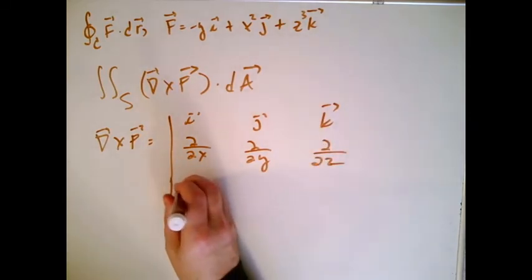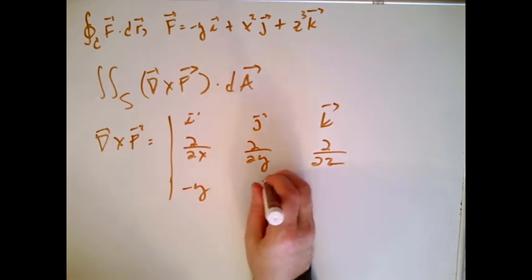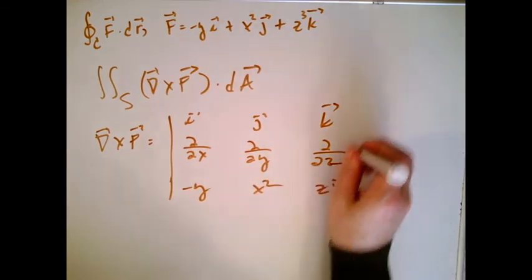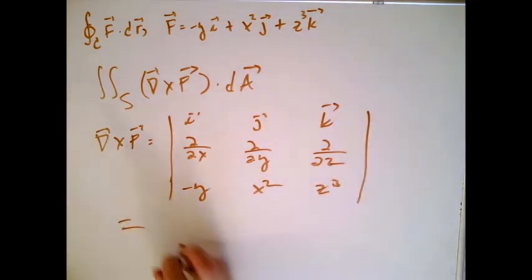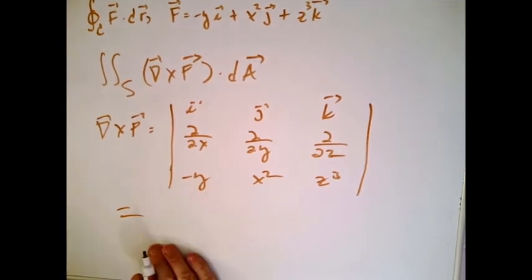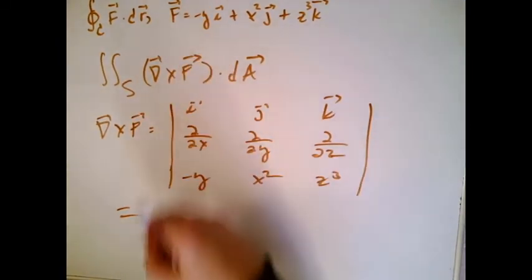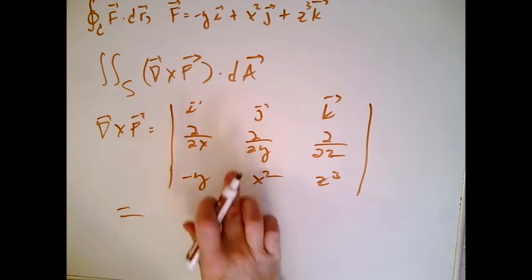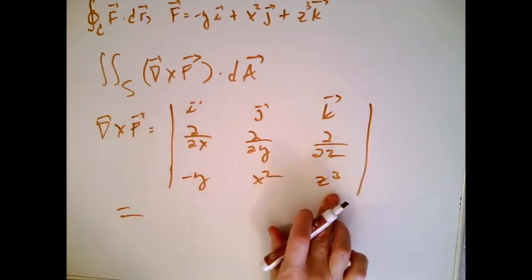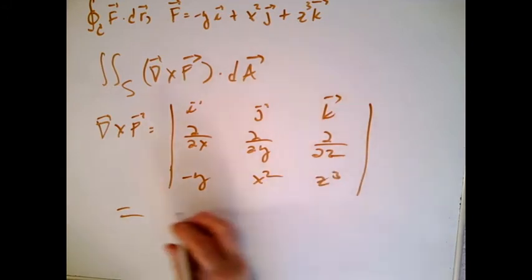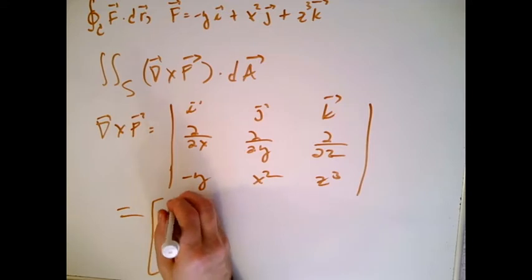And then I want minus y, x squared, z cubed, like that. And let's try to make sure we calculate this right. I'm supposed to cross off the i row, cross off the i column. I'm going to get the partial with respect to y of z cubed, which has no y in it at all, that's 0, minus the partial with respect to z of x squared. So our first entry is 0.